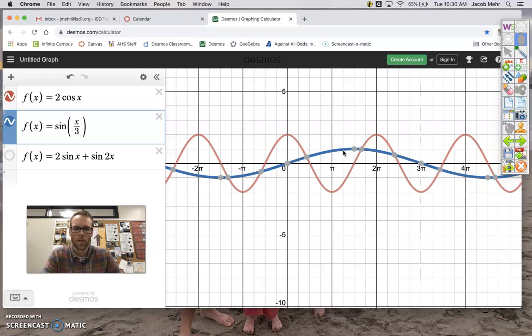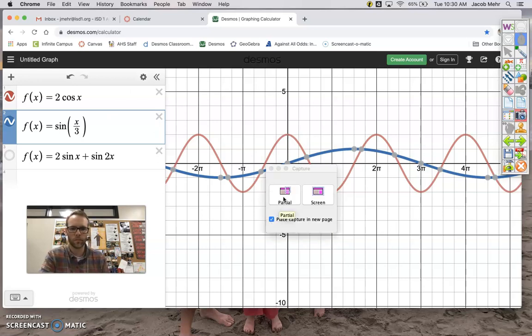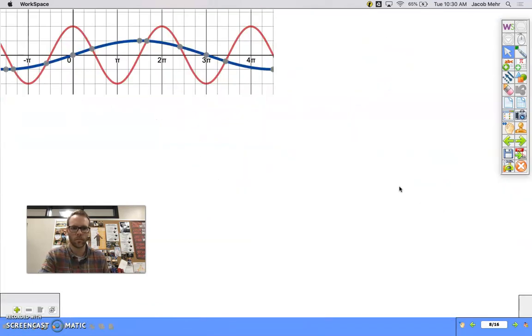Well, let's pick a few points here. 0 and 1, and we're taking the red minus the blue. 1 minus 0 is 1. So we have that. Now, what happens right here?